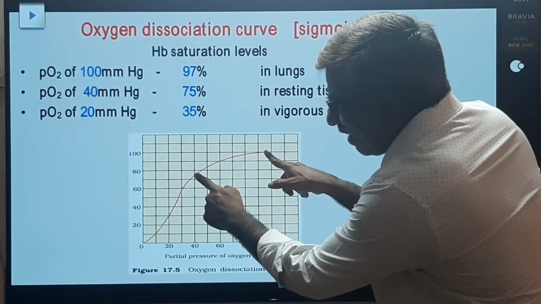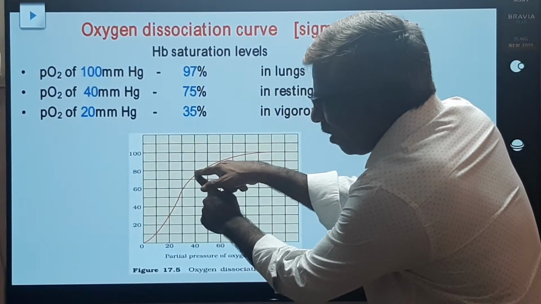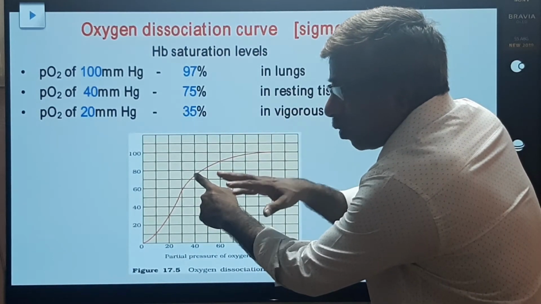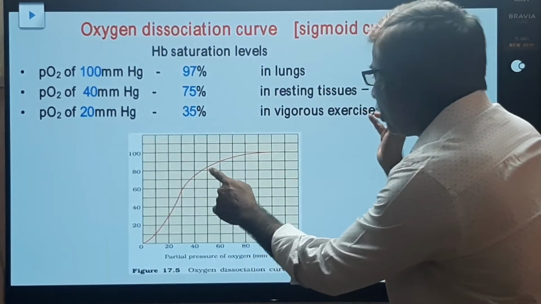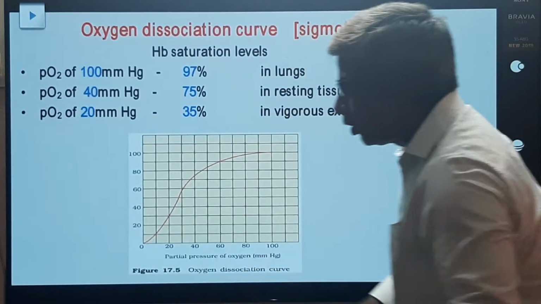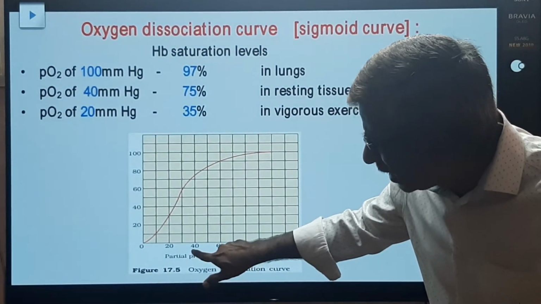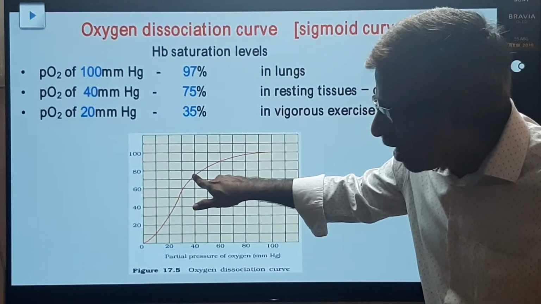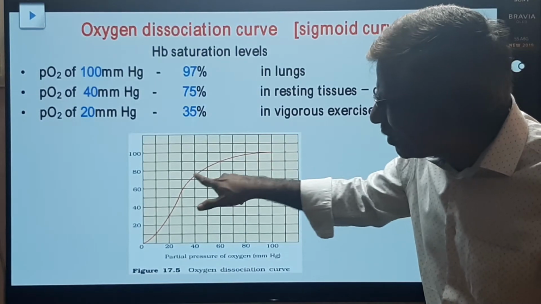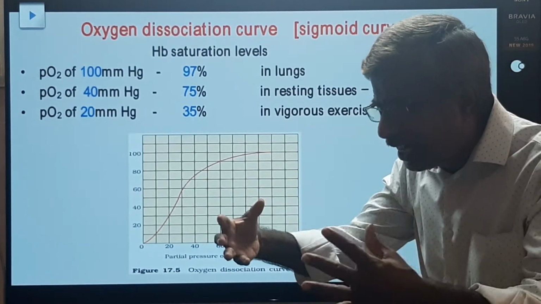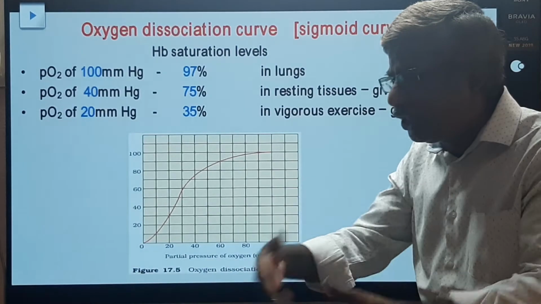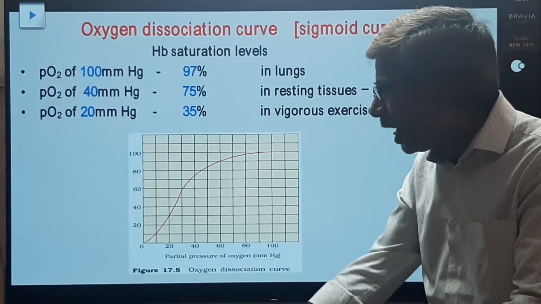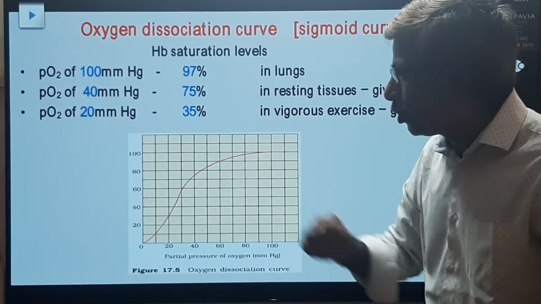Means the 97 comes to 75, so the oxyhemoglobin has delivered 22% of the oxygen to the resting tissues. Means one-fifth is delivered to the tissues in the resting state.